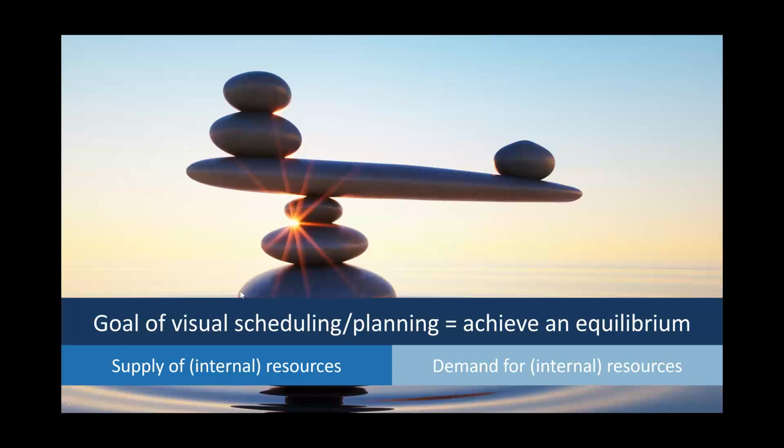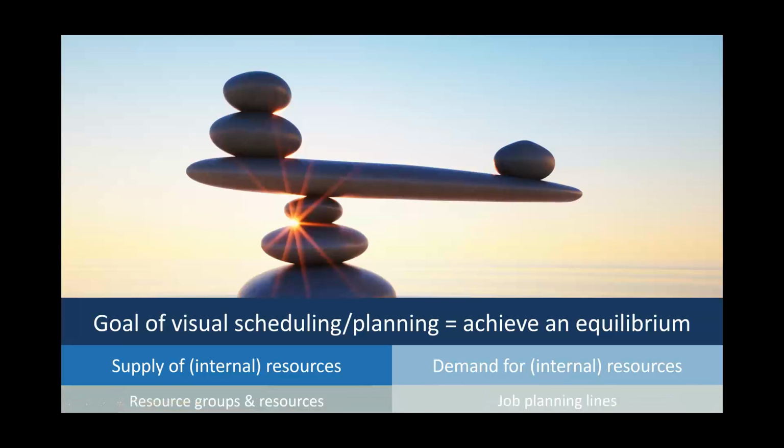So you want to make sure that you have enough resources to carry out the demand for these resources, or that you have enough demand for your resources so that you keep them busy. This is scheduling. You don't want to overload them, then it will break, and you don't want to underload them. You don't want to have too little demand and you don't want to have too much demand. So it's really balancing out supply and demand for internal resources.